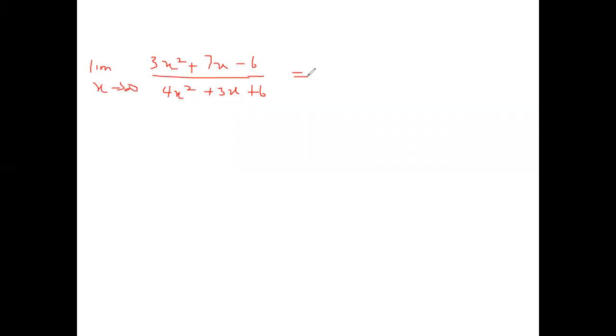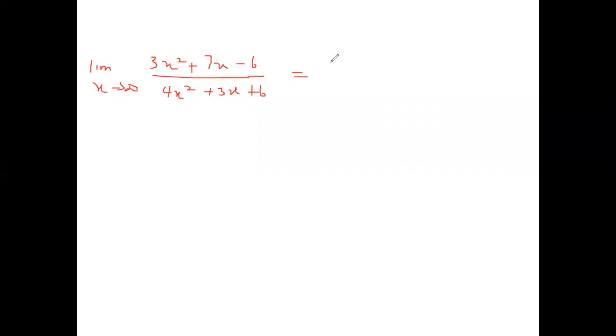Polynomial. The denominator is also a polynomial, which means we will just evaluate straight away, right? But we need to do an investigation to find out if we get an indeterminate form. If we substitute infinity into the numerator, we'll get infinity.